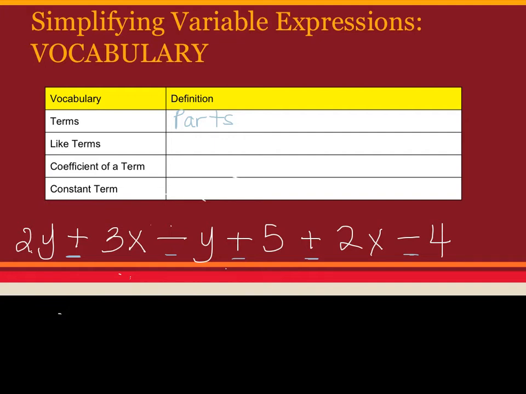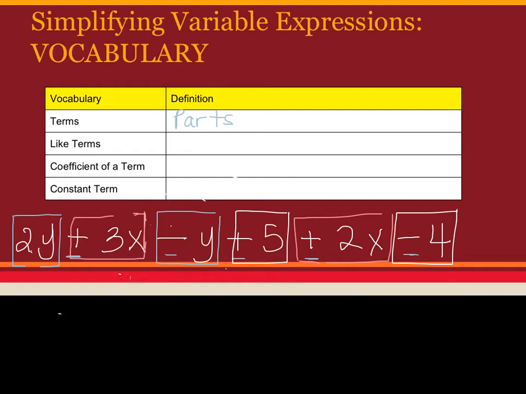So for example, 2y and -y are like terms. Positive 3x and positive 2x are also like terms. Positive 5 and -4 are also like terms with each other.